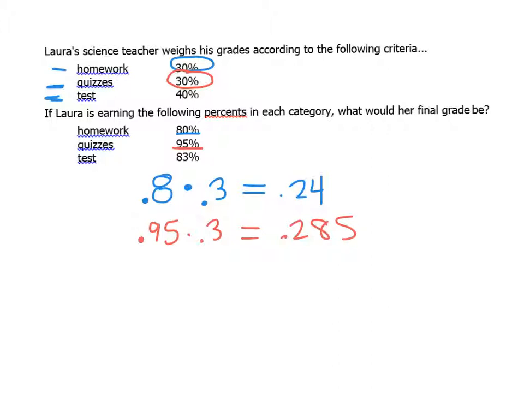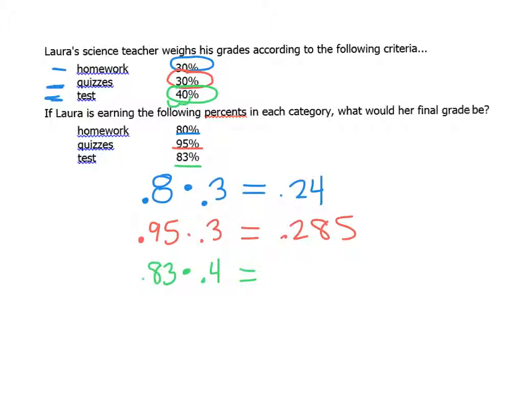Okay, so the next category, tests, she's averaging an 83%. So if I turn that into a decimal, 0.83 times that percentage weight is 40%. So again, we're going to take 40% and change that to a decimal, and we get 0.4. So we have 0.83 times 0.4.